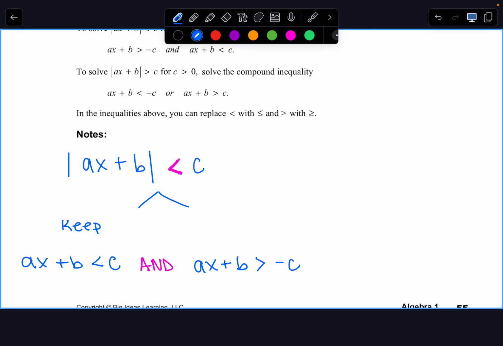So we need to flip. So flip this sign, flip this sign. Is it okay if I just say flip, flip? Okay.